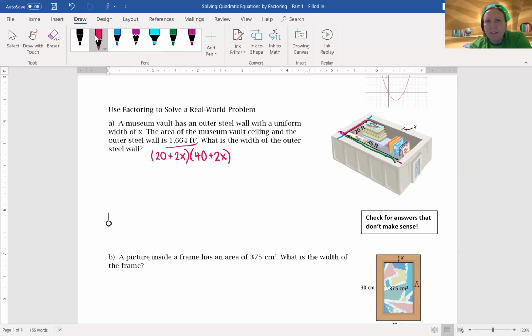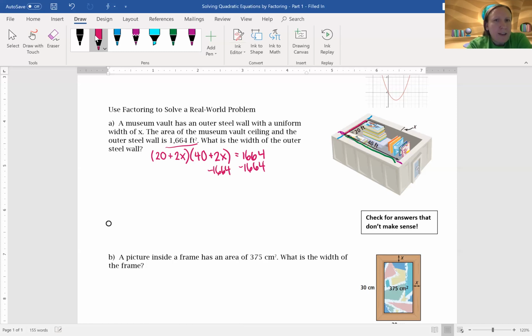So the length times the width together equals 1664. And now we cannot solve this if it's not set equal to 0. So that's our next goal, to get this equation set equal to 0. Some people might want to just subtract 1664 from both sides.